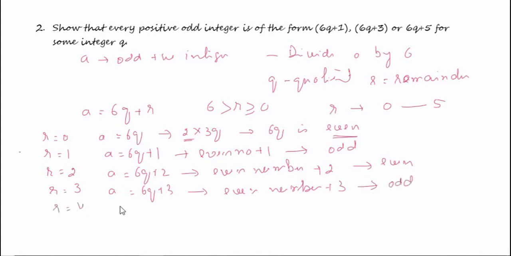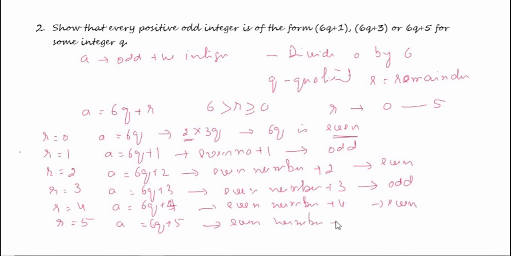r equal to 4, so a equal to 6q plus 4, so it is an even number plus 4, so that is even. Last one, r is equal to 5, then a equal to 6q plus 5, so an even number plus 5, so add 5 to any even number, odd.